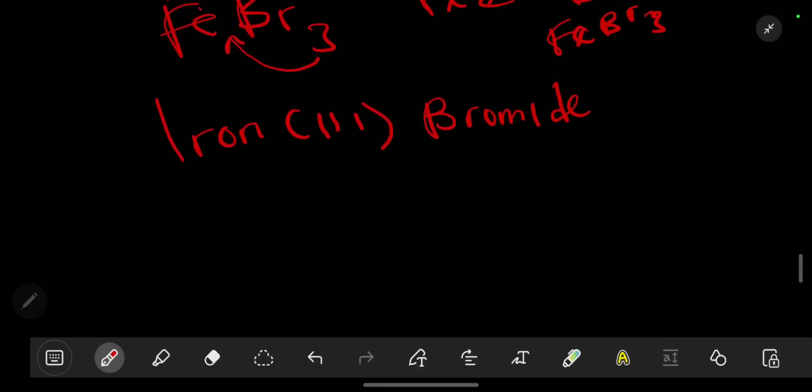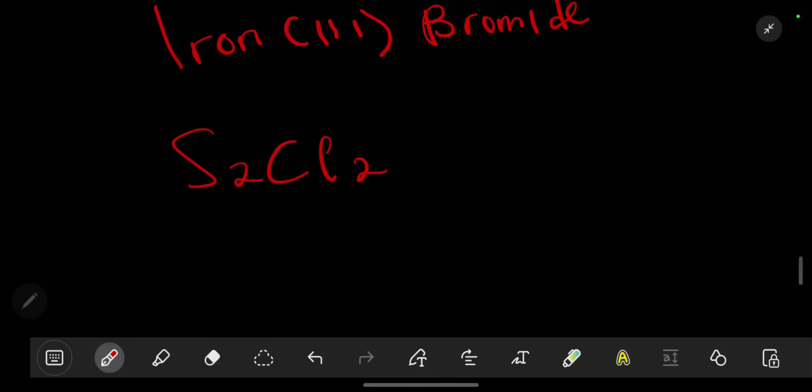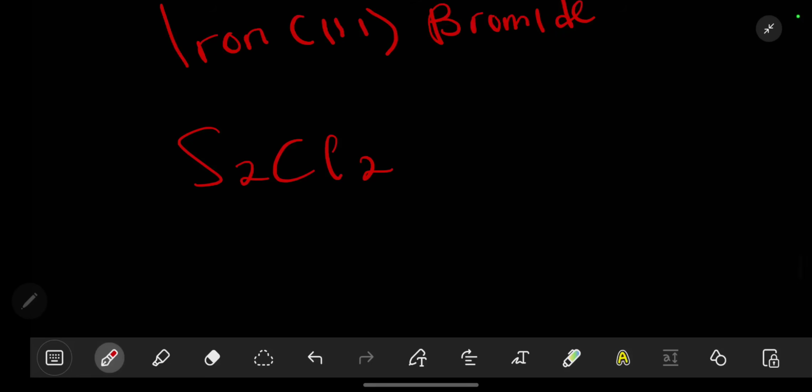Then if you look at your S2Cl2, this is naming compounds under type 3, which is the covalent compounds, in which we have 2 nonmetals, sulfur and chlorine. So under nonmetals we use prefixes such as di, tri, tetra, deca, nona, and all that.